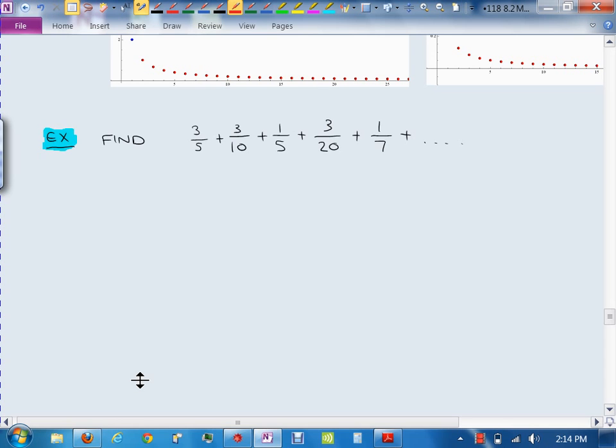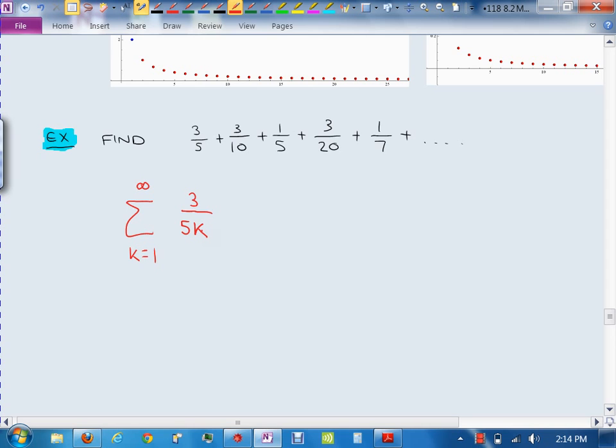So does anyone see this one? The sum k equals 1 to infinity of 3 over 5k. Is that right or not? Let's see. Plug in 1, we get 3/5. Plug in 2, we get 3/10.